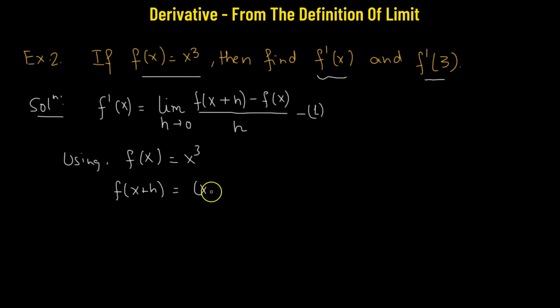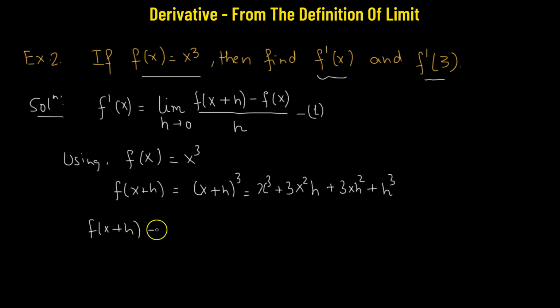So we substitute x with x plus h whole cubed, and expanding this will give us x cubed plus 3 times x squared h plus 3x h squared plus h cubed. So f of x plus h minus f of x will be equal to 3x squared plus 3xh plus h squared multiplied by h. So you can try out the algebra.